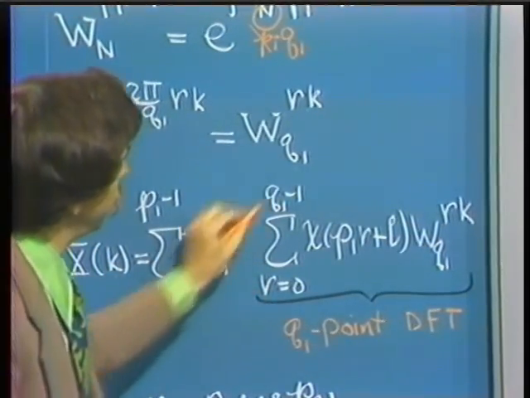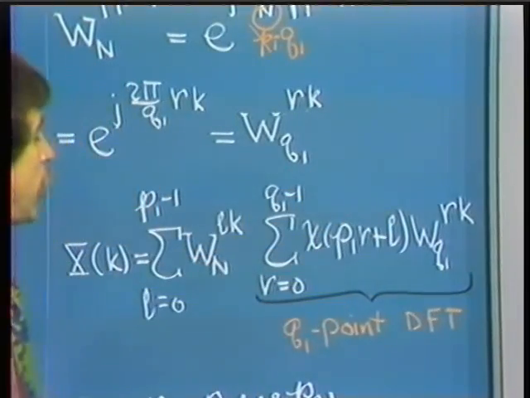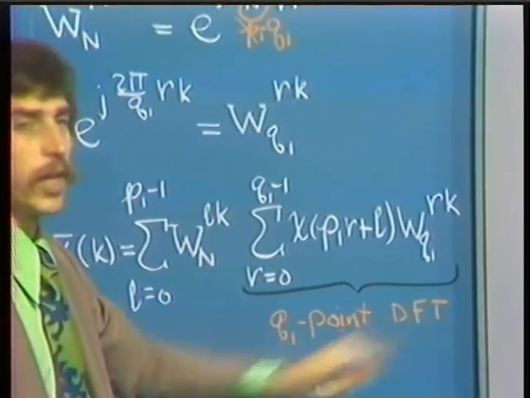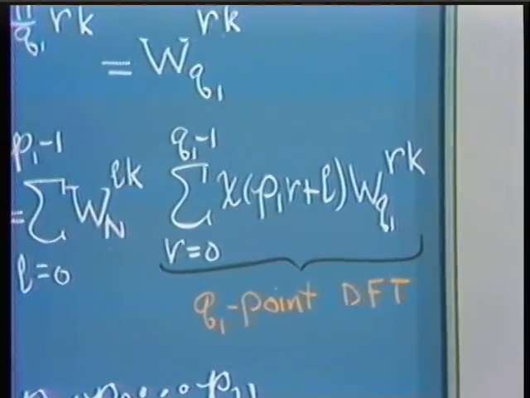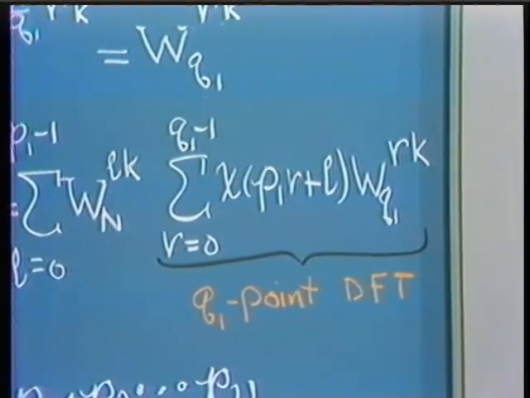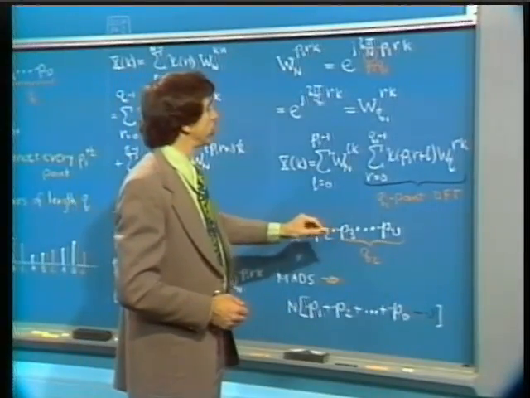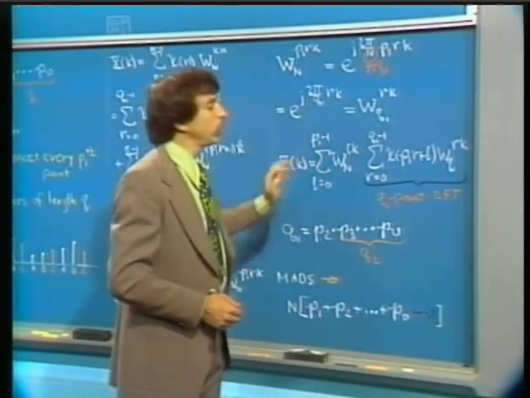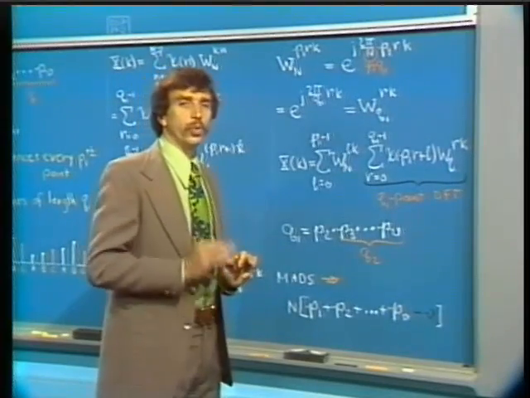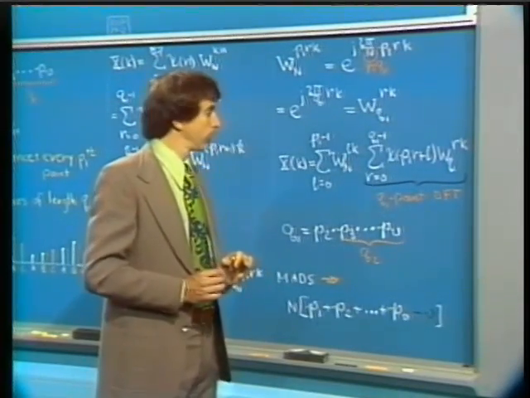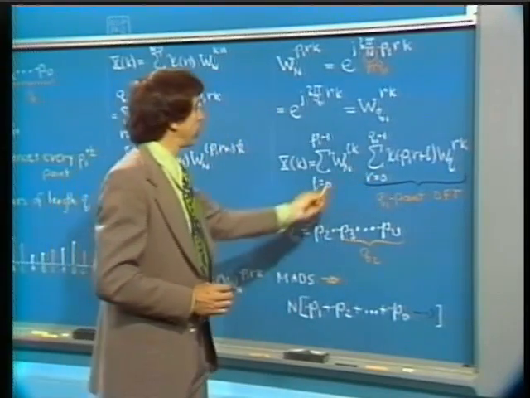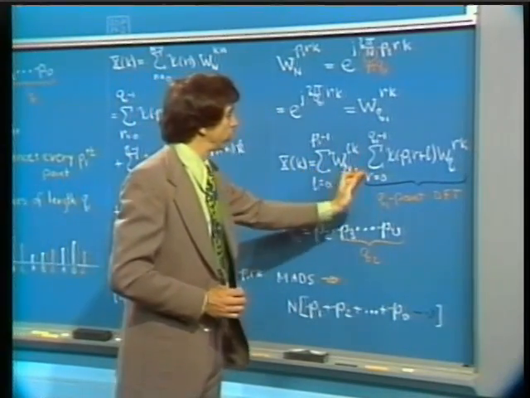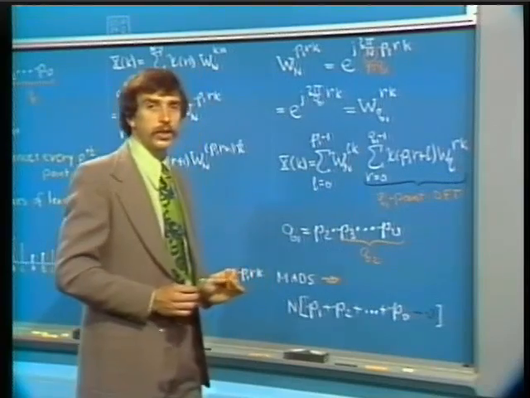And in fact, this entire summation is a Q1 point DFT. So pursuing this then, what we basically decompose the computation into is the computation of P1 Q1 point DFTs. We obtain the Q1 point DFTs and then combine them according to the expression as we have here.